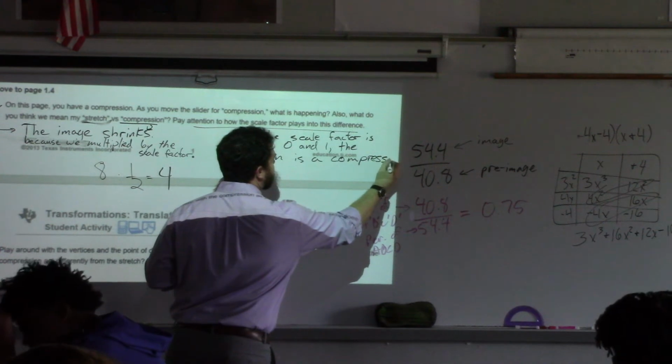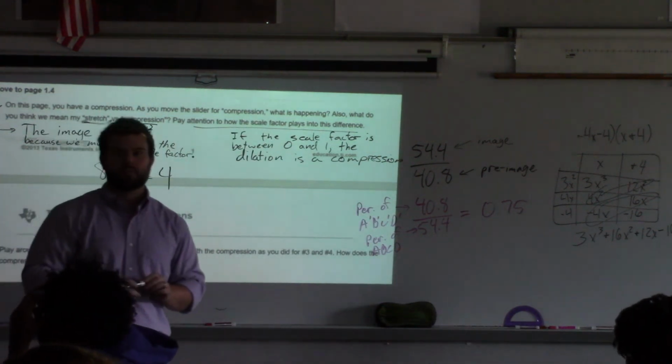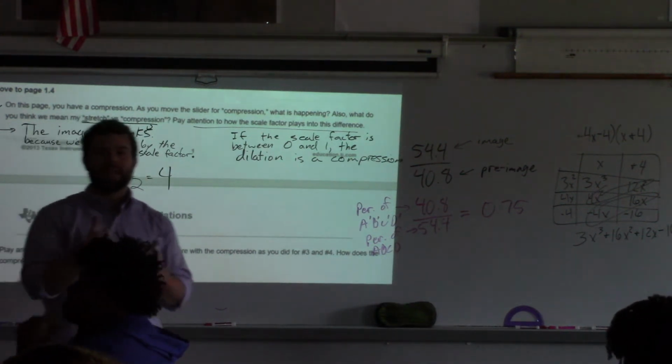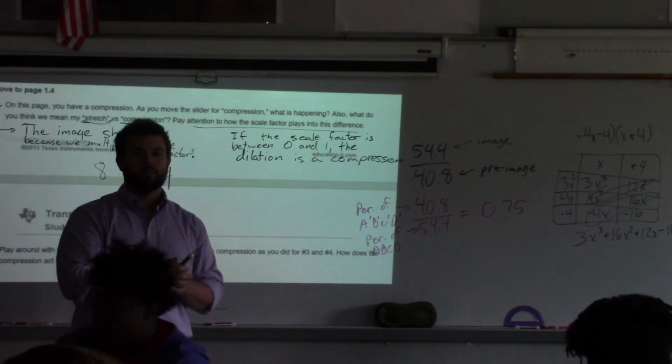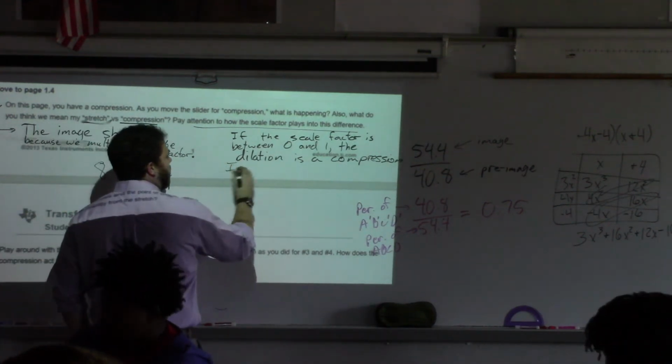So when is it a stretch? A stretch is when it grows. When it grows, what scale factor would make it get bigger? A number bigger than 1. There we go.